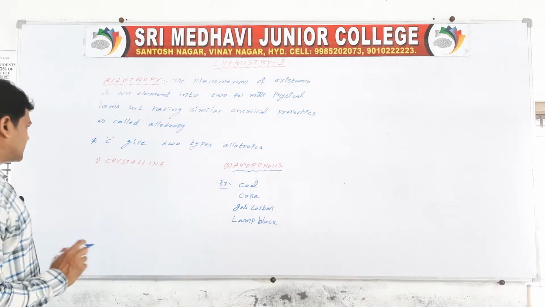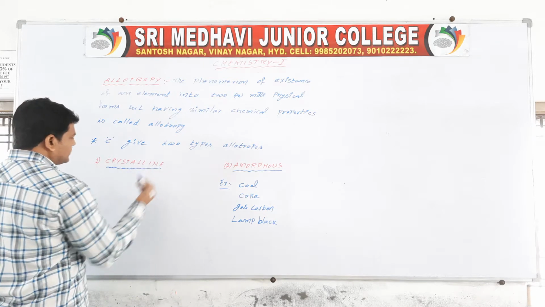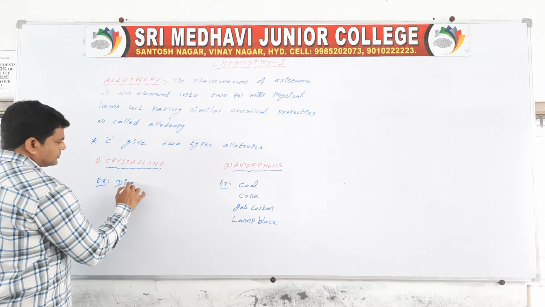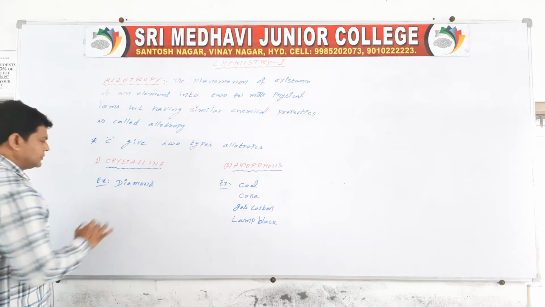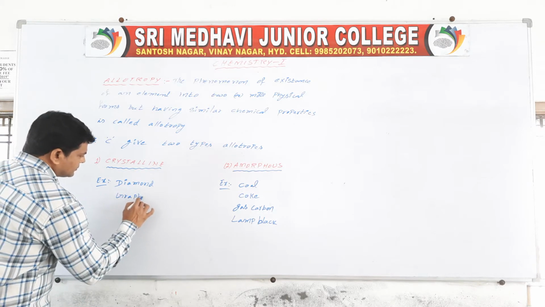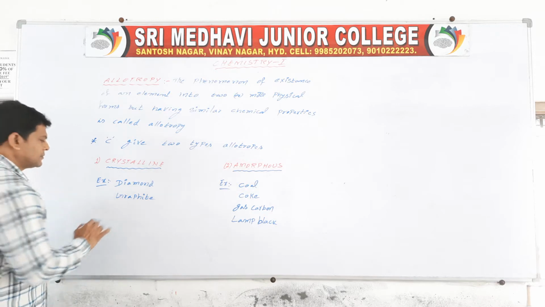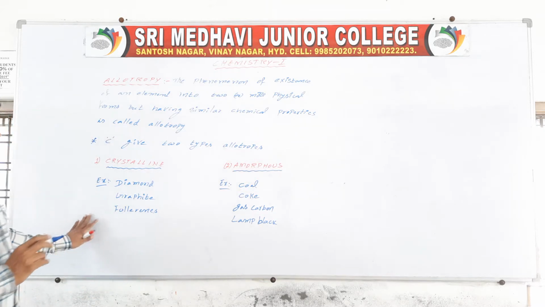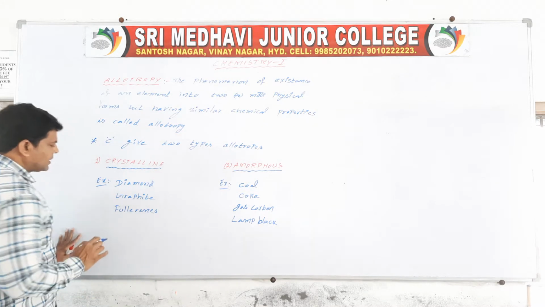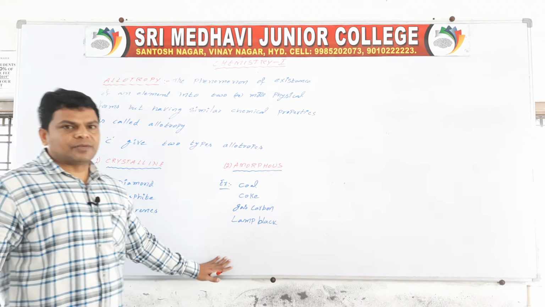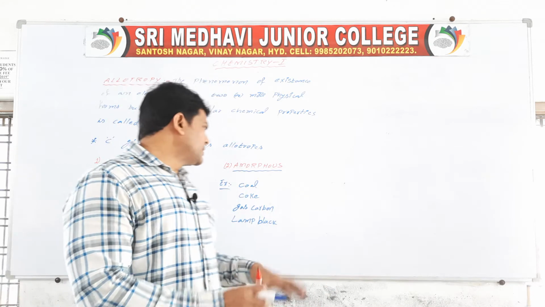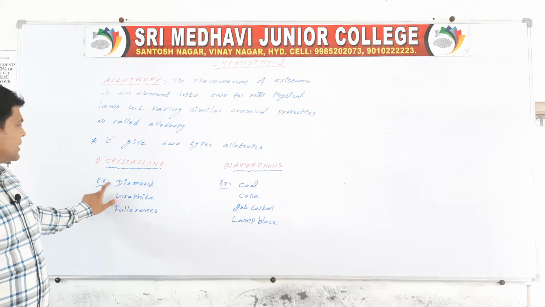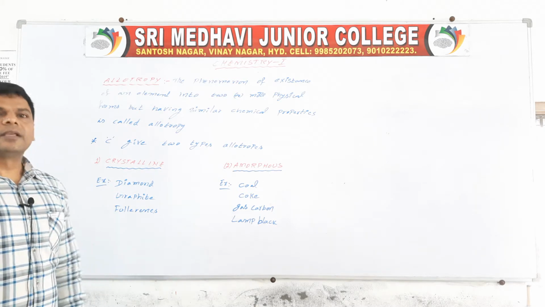Examples of crystalline allotropes are diamond, graphite, and fullerenes. In this chapter we are going to discuss crystalline allotropes, not amorphous allotropes.